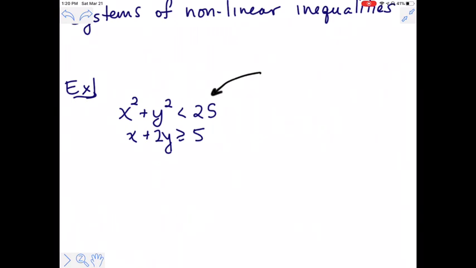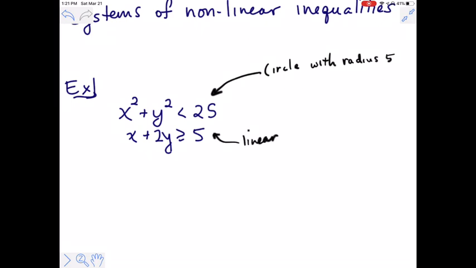So really all you need to know is that the square root of that number is the radius. So in this case, this is a circle with radius 5.